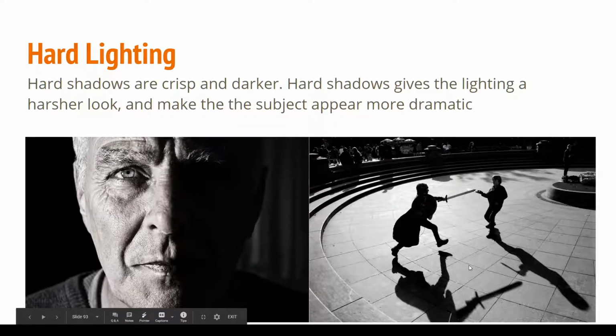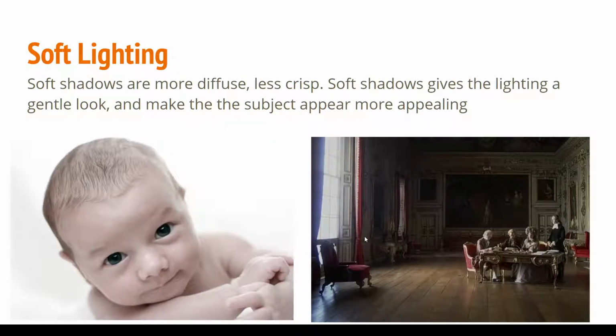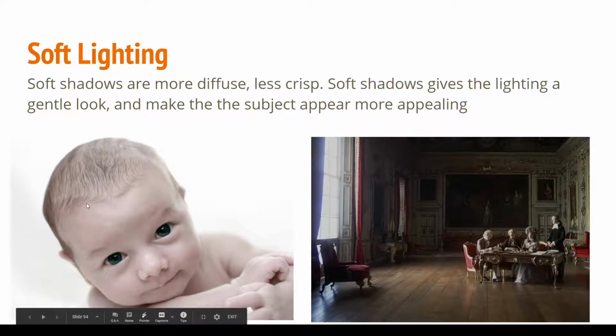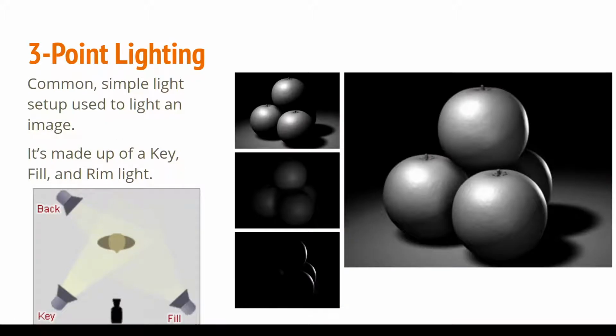Not always the case, but hard lighting is going to have this harder look to it. It makes things more dramatic. Soft lighting, on the other hand, is going to be more evenly lit, and it's going to have a softer transition from the light side to the shadow side, and it creates things that are safer or more appealing or more naturalistic.